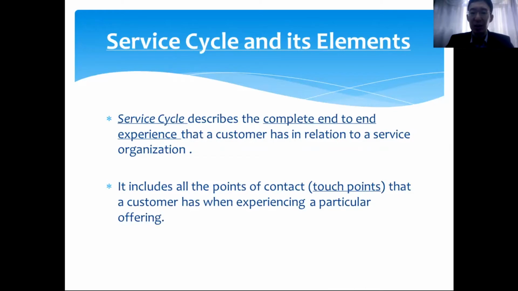Here I highlighted the words complete end-to-end experience because, as we know from logistics, all products usually have a beginning and an end. When it comes to services, it is more complicated because, for example, information flow is very important, and usual information flow starts from the end of basically the production logistics.